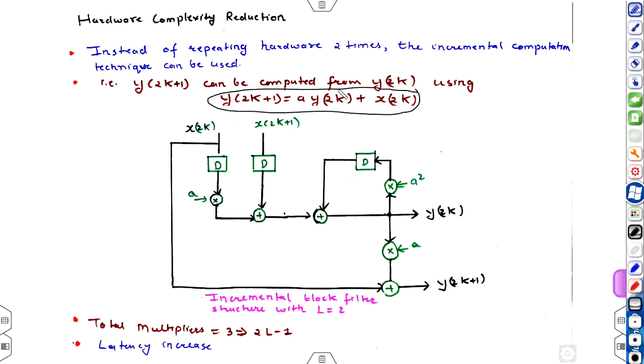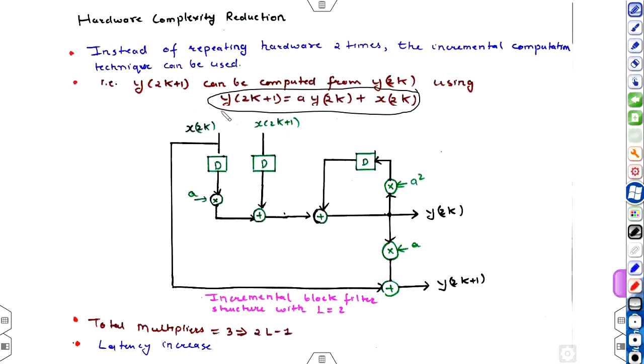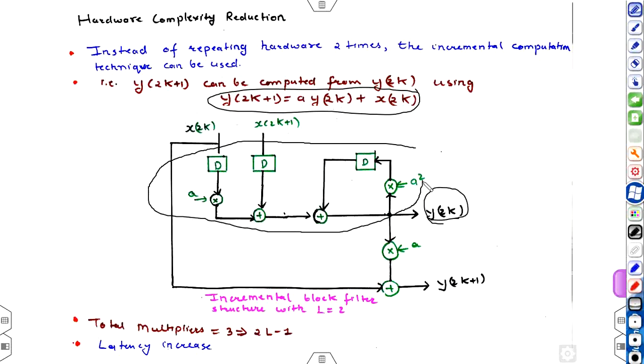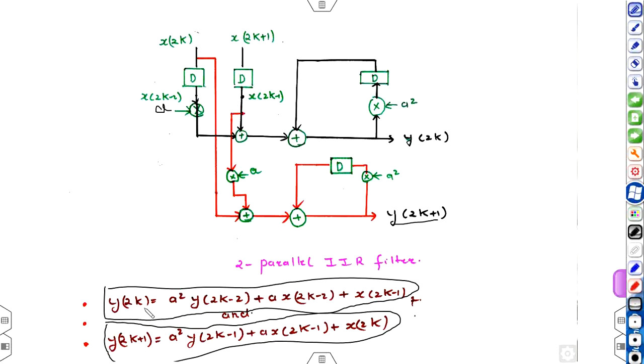So we have started with this equation. So what we are doing, instead of designing a separate block that will produce y of 2k plus 1, we will compute y of 2k plus 1 with the help of y of 2k. And for y of 2k we have already designed a block. So y of 2k will be given by the same equation.